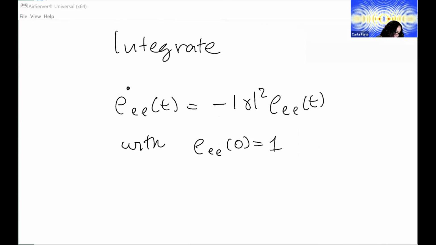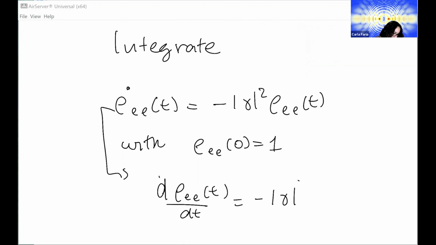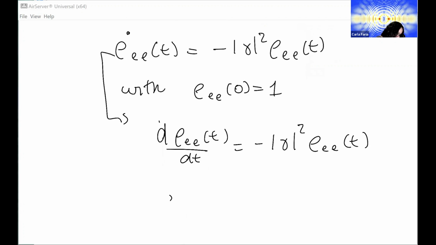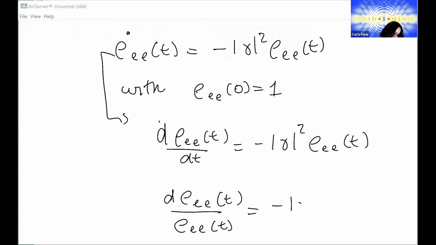So to integrate this, we can write d rho_EE(t)/dt equals minus modulus gamma squared rho_EE(t). We can then write this as d rho_EE(t) over rho_EE(t) equals minus gamma squared dt.